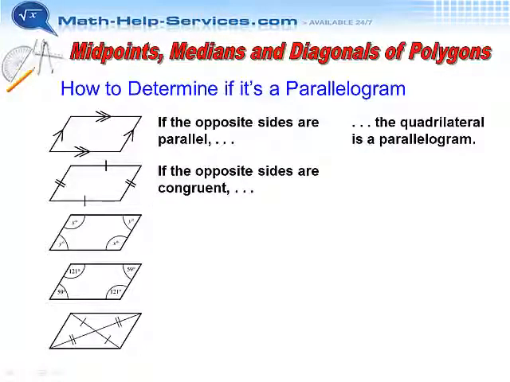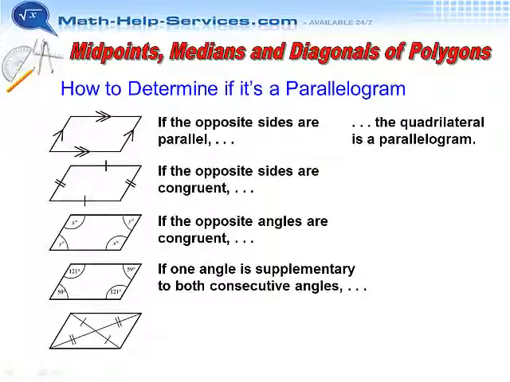For example, if the opposite sides are congruent, then the quadrilateral is a parallelogram. If the opposite angles are congruent, the quadrilateral is a parallelogram. If one angle is supplementary to both consecutive angles, then the quadrilateral is a parallelogram. And if the diagonals bisect each other, then the quadrilateral is a parallelogram.